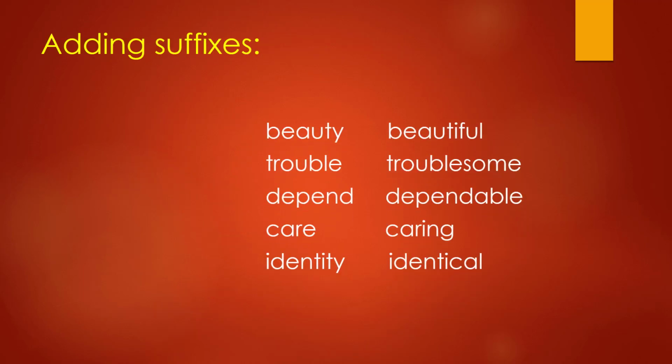Dear students, we have discussed 4 techniques to make adjectives, but the most common way to make adjective is by adding suffixes. Beauty is a noun, but after adding suffix full, it becomes beautiful. In the same way, trouble becomes troublesome, depend becomes dependable, care becomes caring, and identity becomes identical.